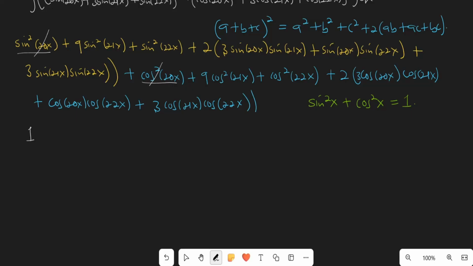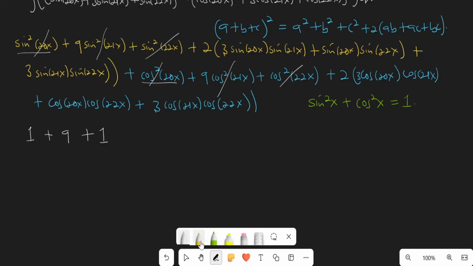Plus 9 sine squared 21x and 9 cosine squared 21x. Factorize 9 out, you have sine squared 21x plus cosine squared 21x, and that is going to give you 9 times 1, which is 9. Plus sine squared of 22x sums to 1 with cosine squared of 22x. So we have 1 plus 9 plus 1 for these 6 terms.